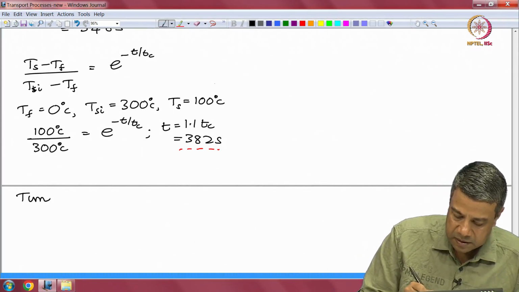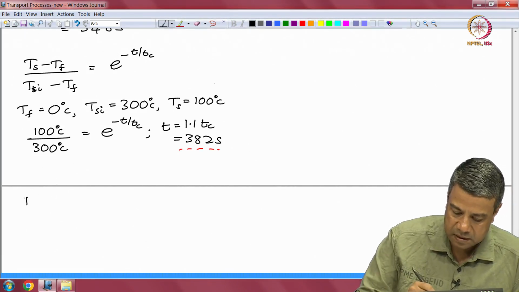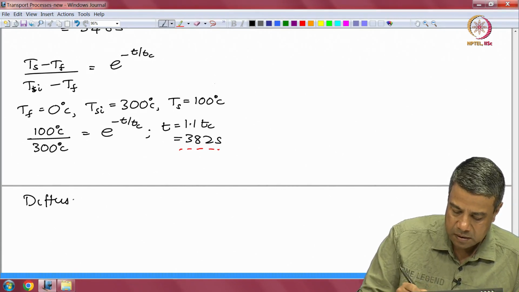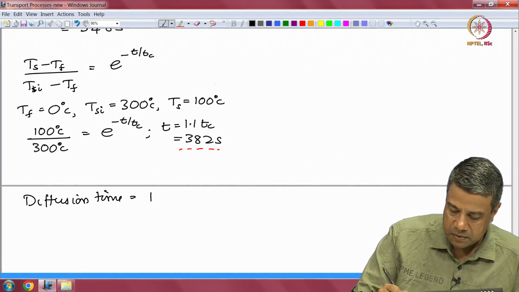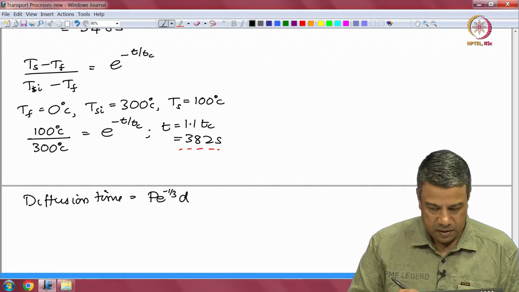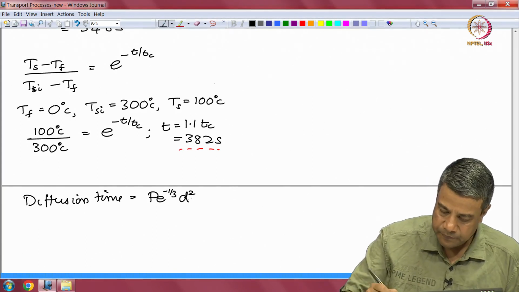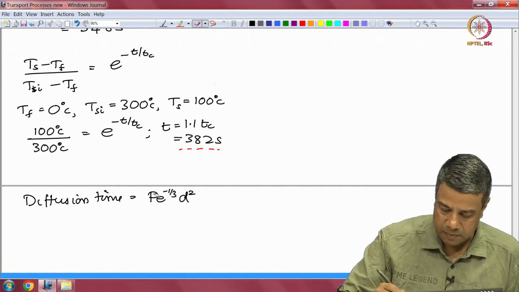Time for steady state, or rather the diffusion time for the system to reach steady state is equal to Pe power minus 1/3 times the diameter d. I am sorry, Pe power minus 2/3.